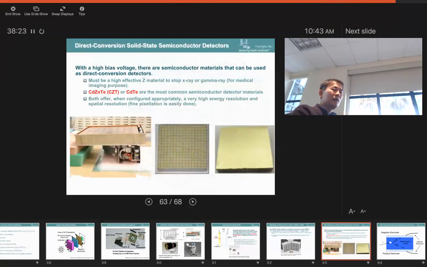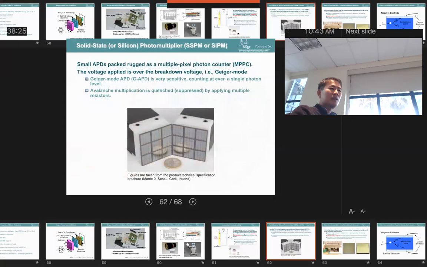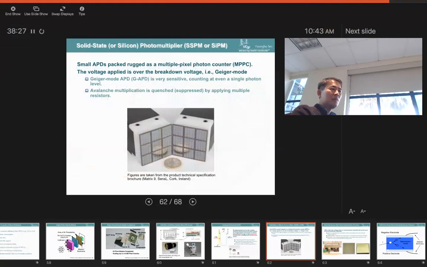So the state of the current development is that for SPECT imaging using a gamma camera, and I'll talk a lot more about the gamma camera after this, for gamma camera operation we typically use sodium iodide coupled with the photomultiplier tube.